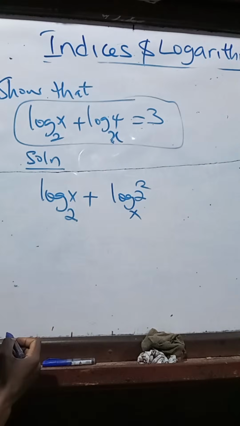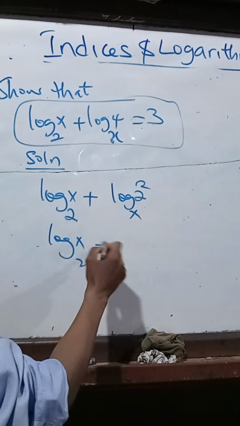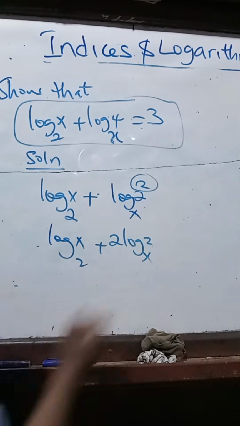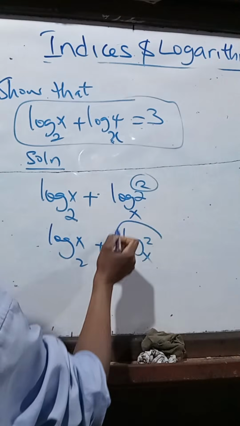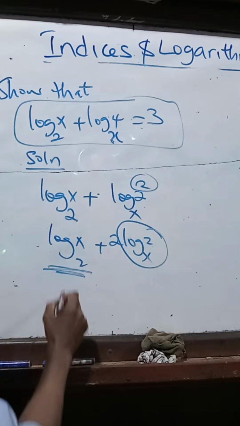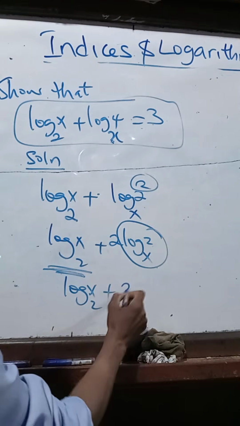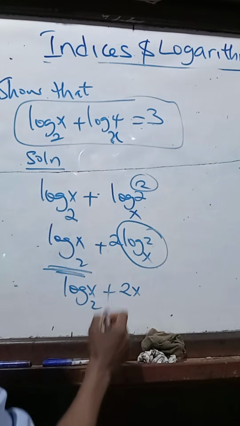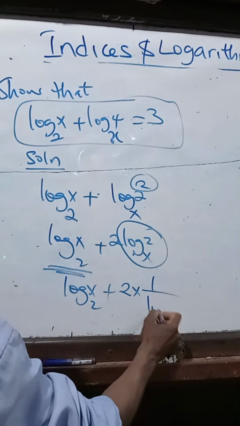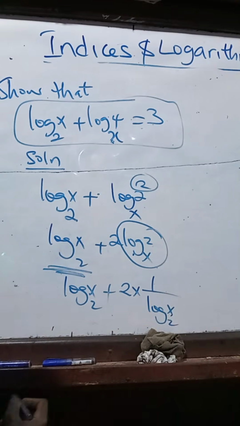The 2 can come to the front. Then turn this one into the form of the first one. That will be log x base 2 plus 2 times, applying the change of base, 1 over log x base 2.